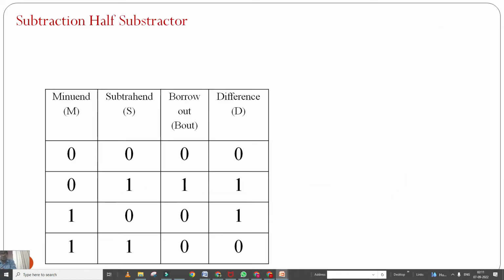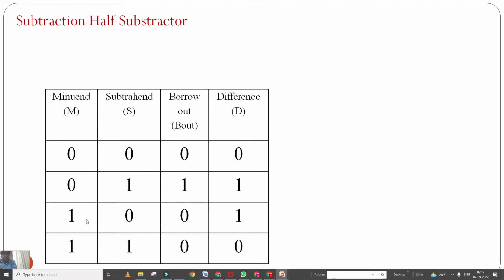Our previous discussion in the form of a truth table: 0 minus 0, the borrow is 0 and the difference is 0. 0 minus 1, the borrow will generate because m is less than s, so borrow out is 1 and the difference is 1.